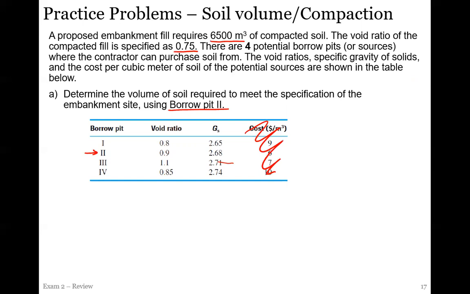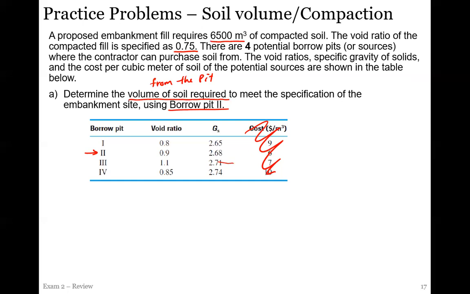So we need to determine the volume of soil from the pit, so from our source. So our source has a higher void ratio. If we have a higher void ratio, what does that mean? More loose, right? So that would mean that we will most likely need more soil from this loose site, because then we're going to be compacting it into a smaller void ratio, which means it's more dense.